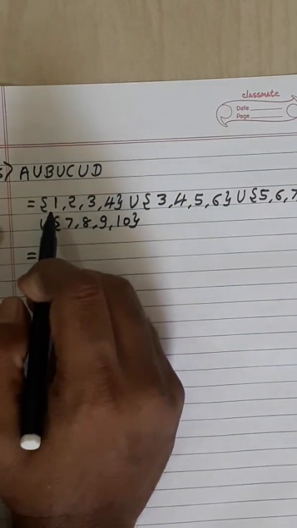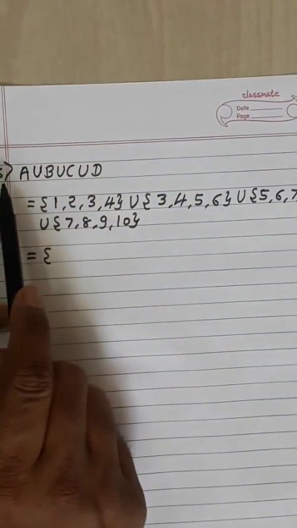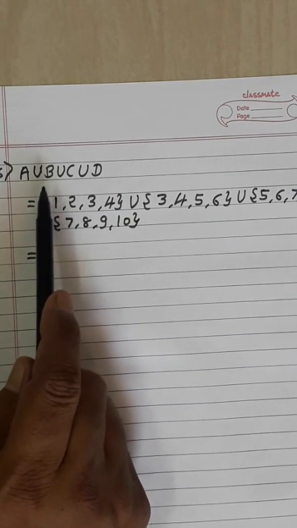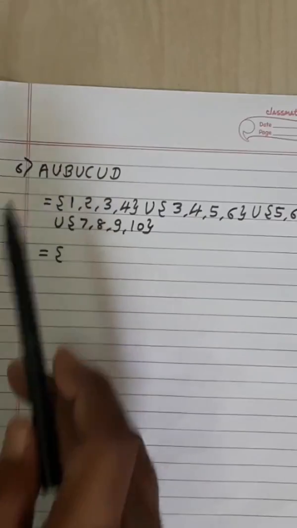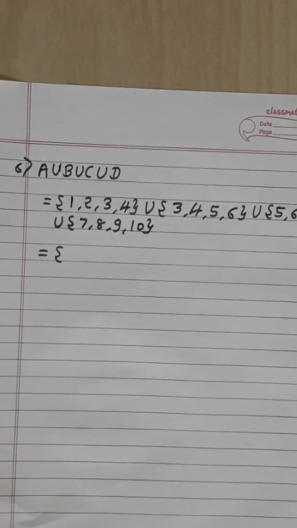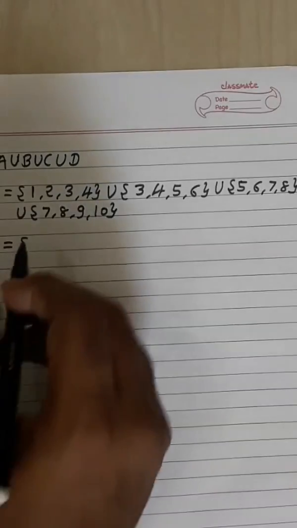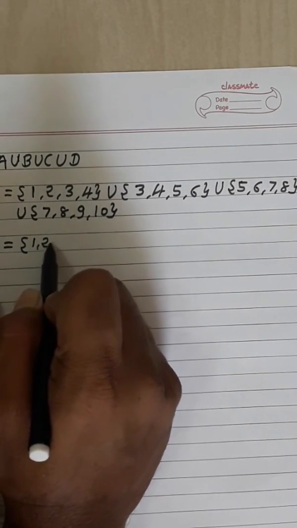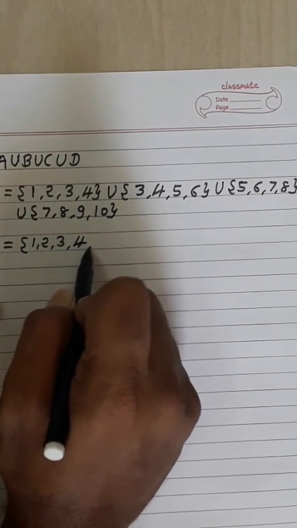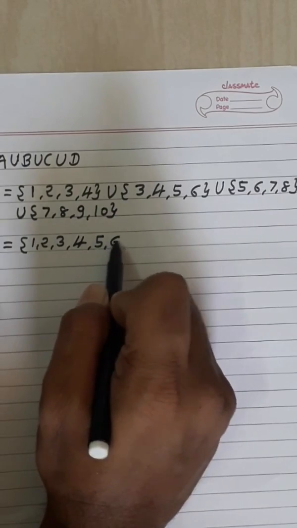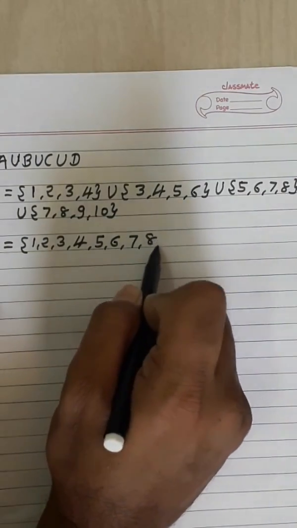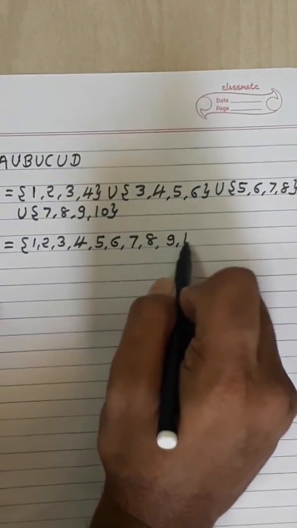So here all the elements of set A as well as set B as well as set C as well as set D. So our answer is 1, 2, 3, 4, 5, 6, 7, 8, 9, 10.